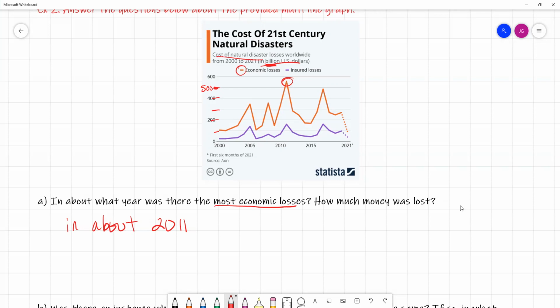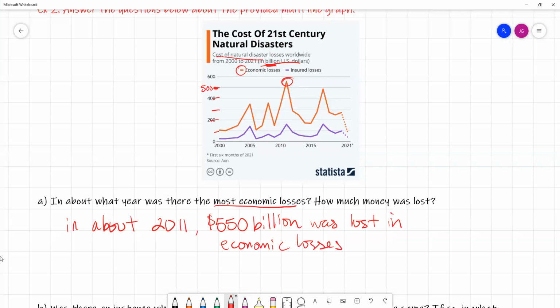So we're going to venture and say it's about $550 billion was lost in economic losses.